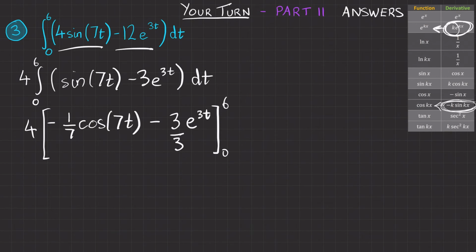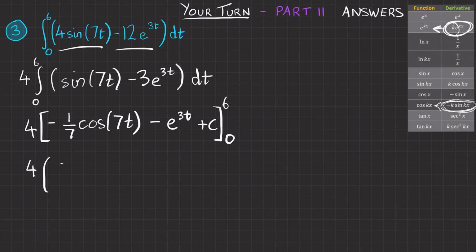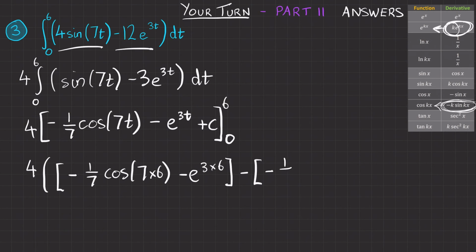We're going to tidy this up a bit. And then we can substitute in those points. So we'll have 4 lots of minus a seventh cos 7 times 6 minus e to the 3 times 6, minus a seventh cos 7 times 0 minus e to the 3 times 0.